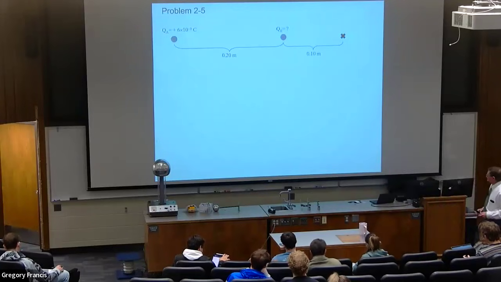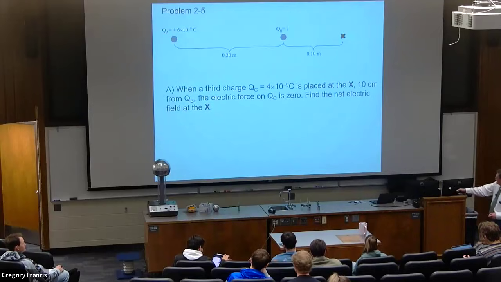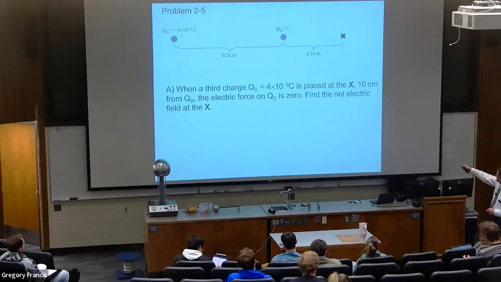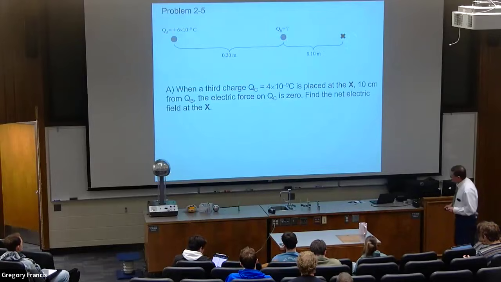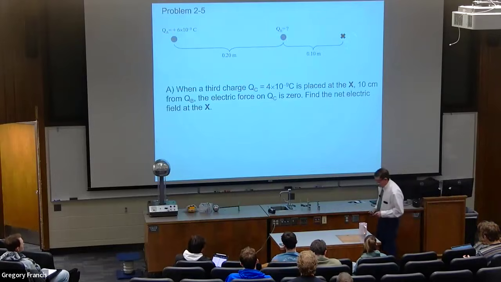And you remember what we were told is that when a third charge of +4 nanocoulombs is placed at that X, 10 centimeters from QB, the electric force on QC is 0. Find the net electric field at the X.